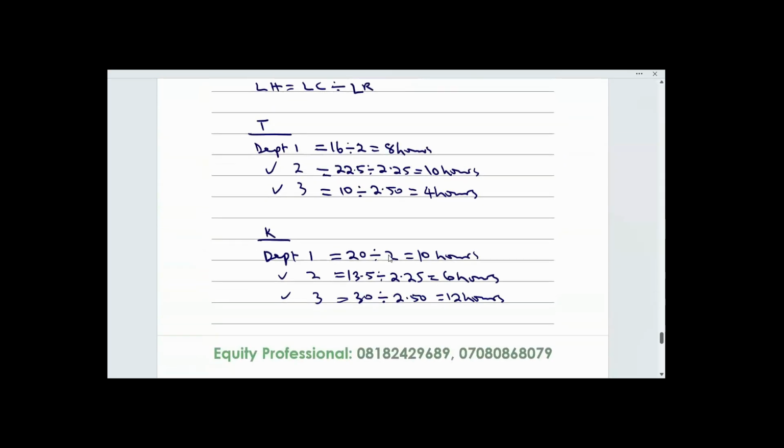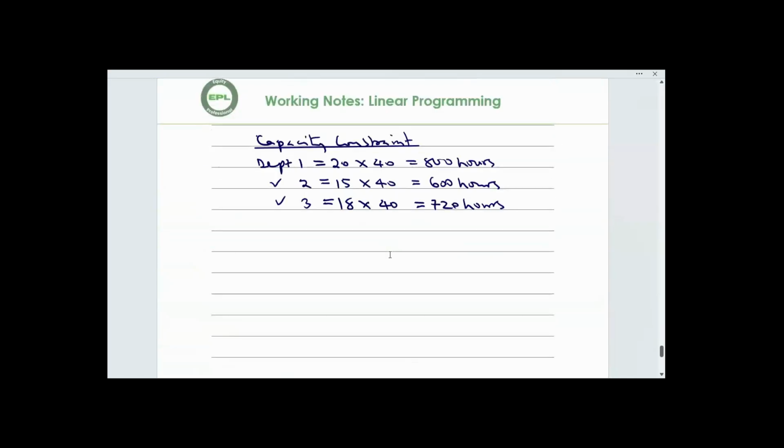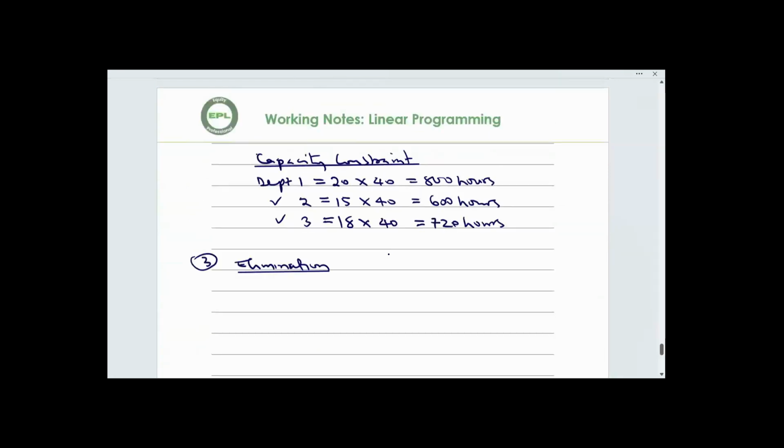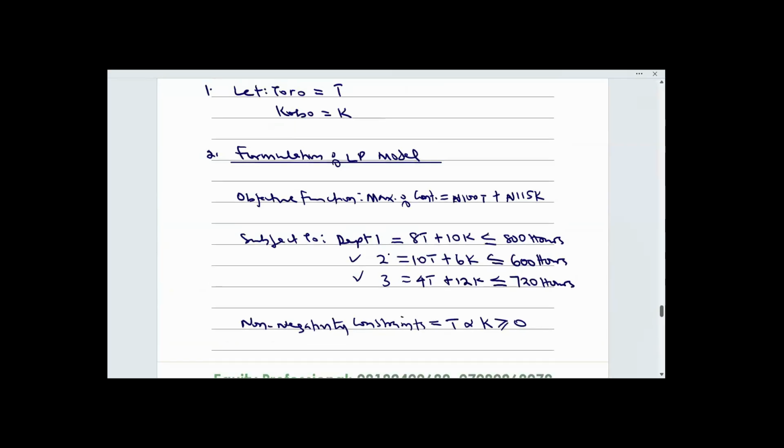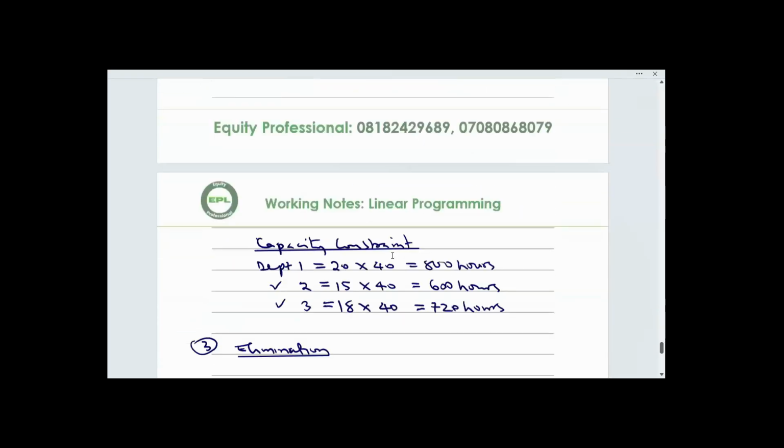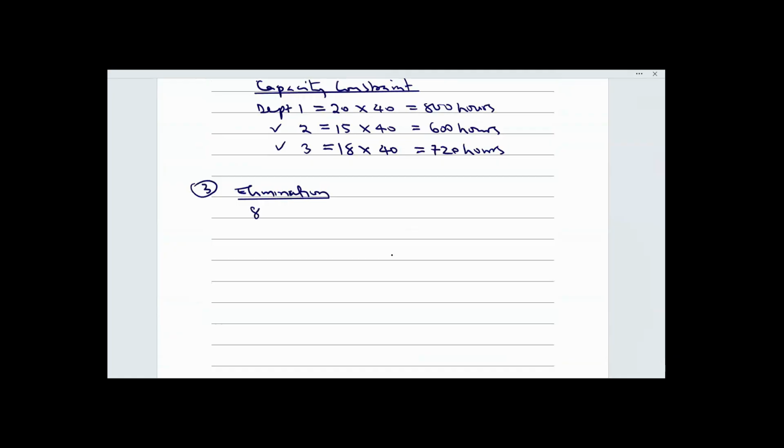All right. So step 3 of determining the optimal production plan is to bring out the equations and solve using the elimination method. So you can just say elimination. All right. So bring out the equations. The first equation is 8T plus 10K equal to 800.